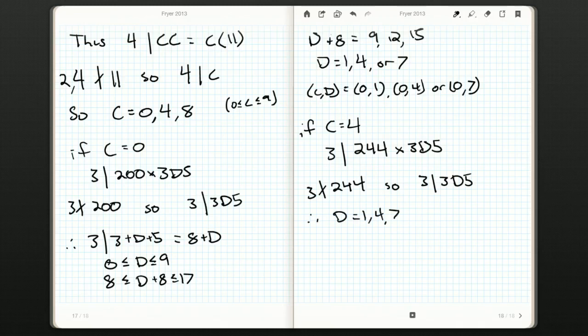But we already know what it looks like when 3 divides 3d5. We know that d ends up being 1, 4, or 7. So we have 41, 44, and 47. Okay, we get 3 more cases. Fantastic. Now, if we have 288, and 3 doesn't divide that, we'll get the same values of d again. We'll get a total of 9 values.